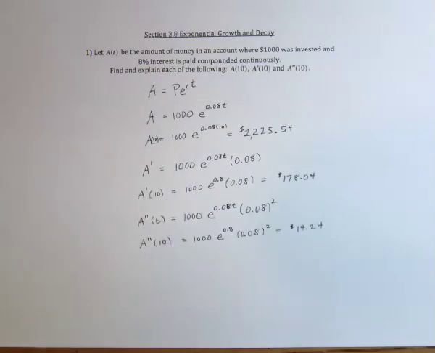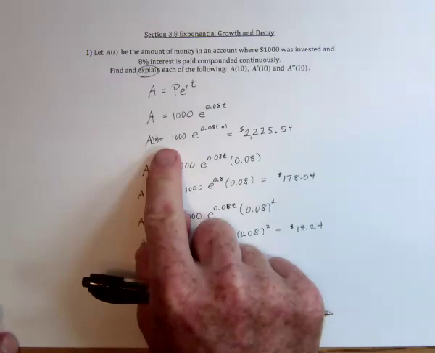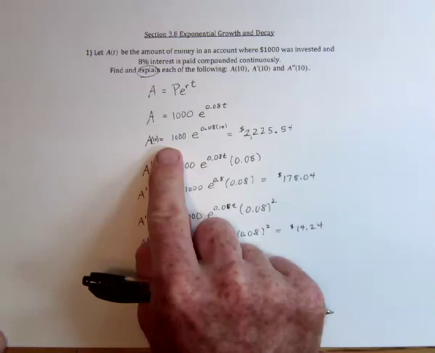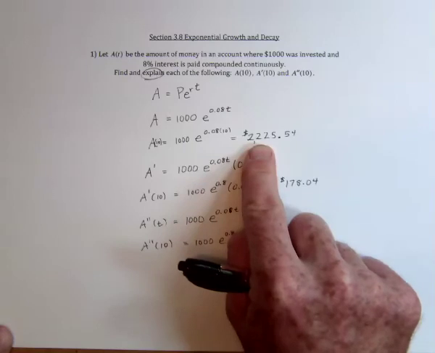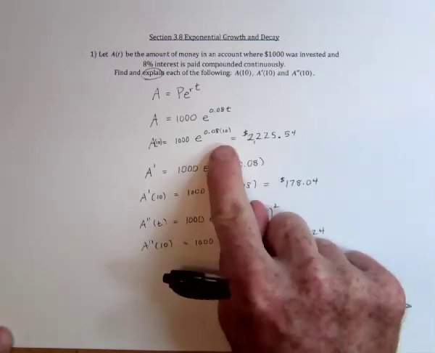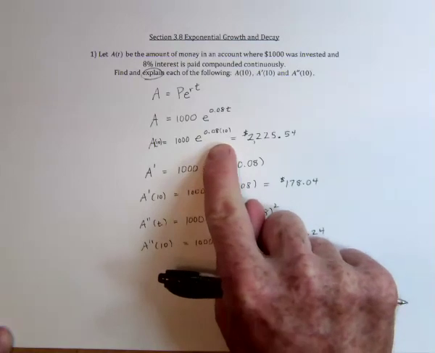And now explain. So this one is just the original function, which says take $1,000, put it in the bank at this rate, you'll end up with $2,225.54 after 10 years. So in other words, it grew by about $1,200 per year. Of course, since it's exponential growth, at the beginning it grew by less than that.